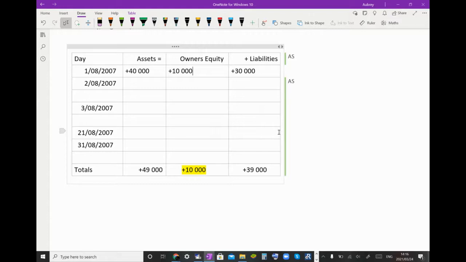Assets are affected. Which specific accounts? Petty cash and bank. What's happening with the bank account? Just think about that transaction, not the stuff before. Minus 2000.